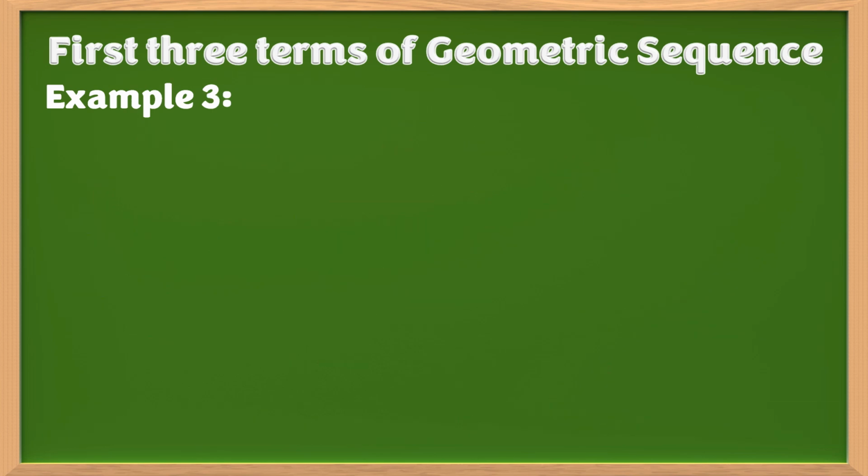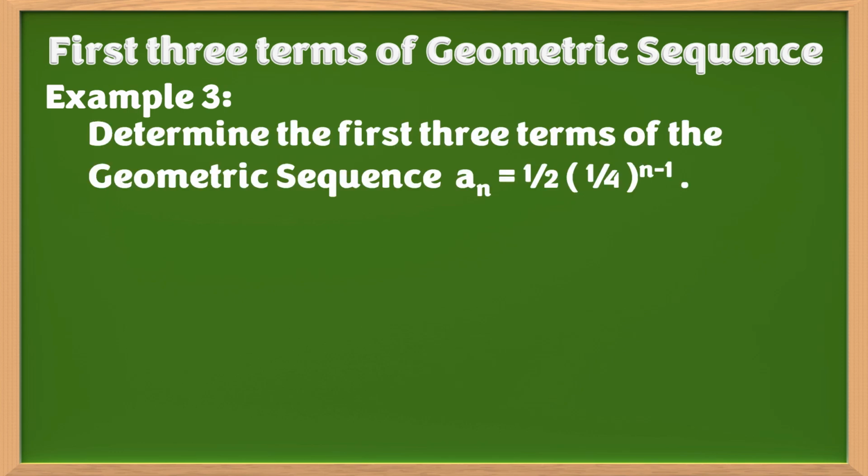Let's have now example number 3. Determine the first 3 terms of the geometric sequence a sub n equals 1/2 times 1/4 raised to n minus 1. So first we're going to determine the value of a sub 1, that is the first term, which is 1/2. And the value of r, or the common ratio of the given geometric sequence, is 1/4.